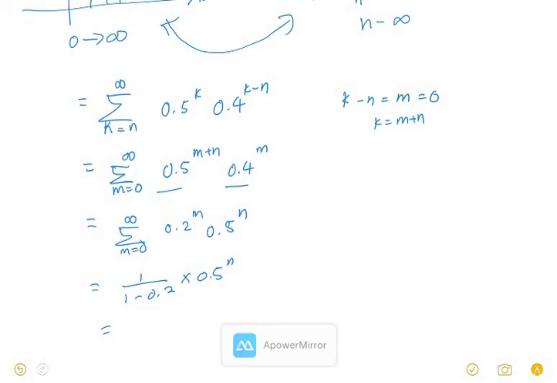At the end, 1 over 1 minus 0.2 gives 1.25, times 0.5^n u[n]. So that's all for the cross correlation.